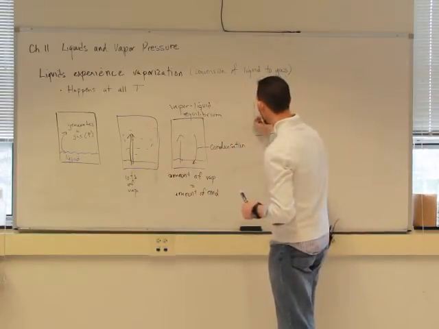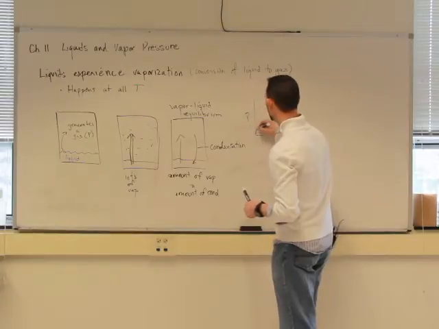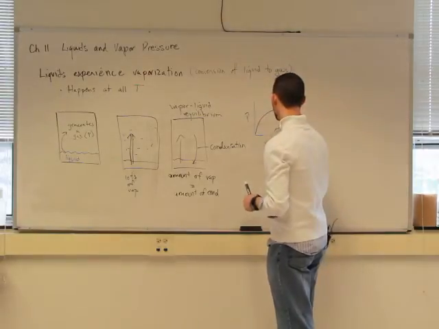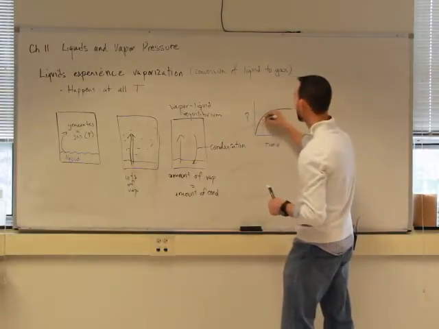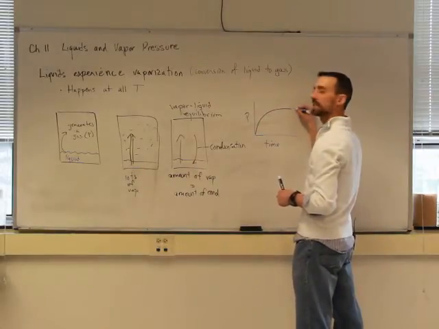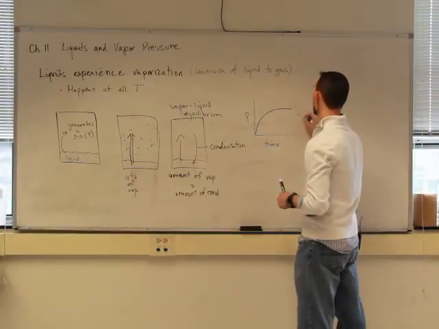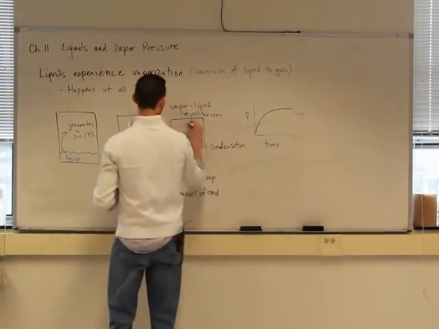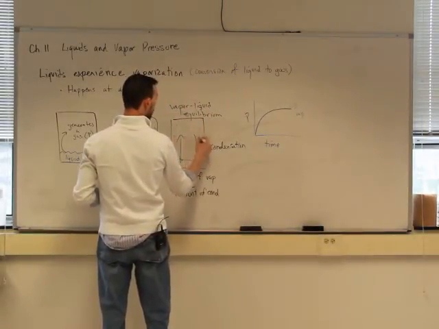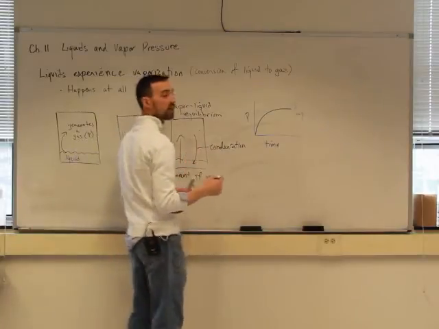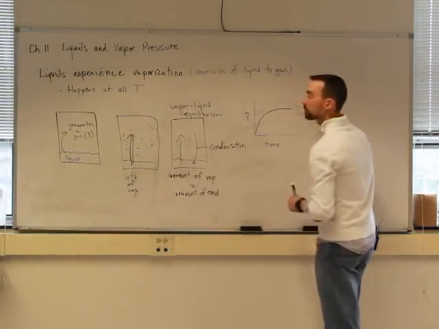If you were to draw a graph, this pressure would have, over time, built up, and then it would have steadied out. This constant amount of pressure that we would have in this final picture here, the amount of gas particles that we have, and thus the pressure, is what we call the vapor pressure.